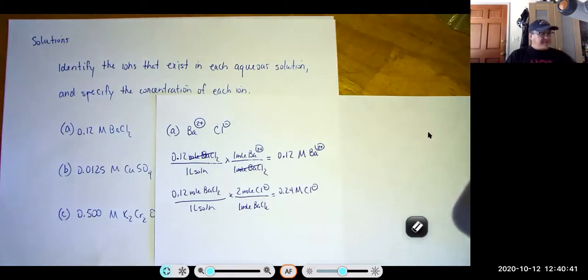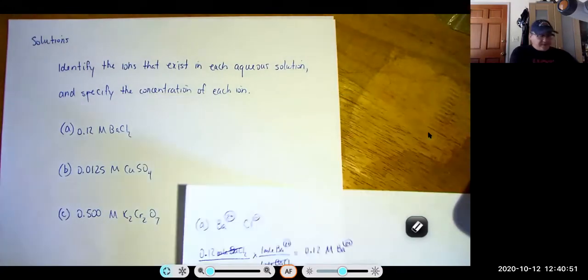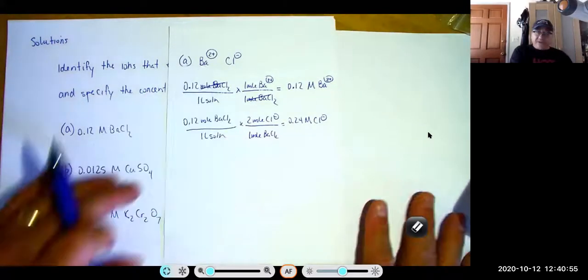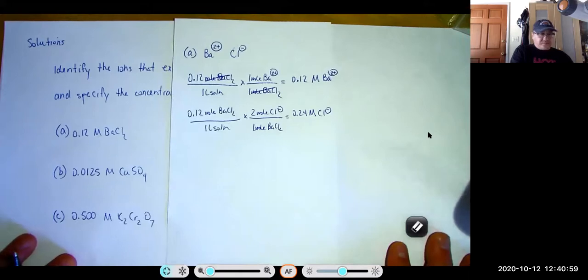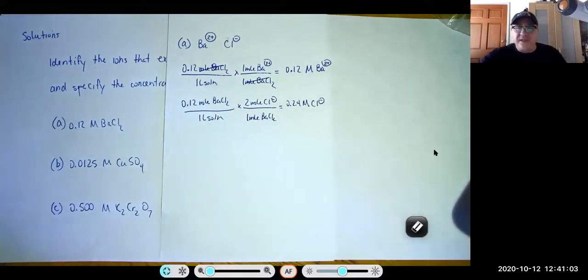If we're good, give me a thumbs up. Okay, so I'd like you to do C, and I'd like you to write out the solution just like we did for A. So I'm going to clear all. I'm going to pause the recording. You give me a thumbs up when you're ready to look at my solution.